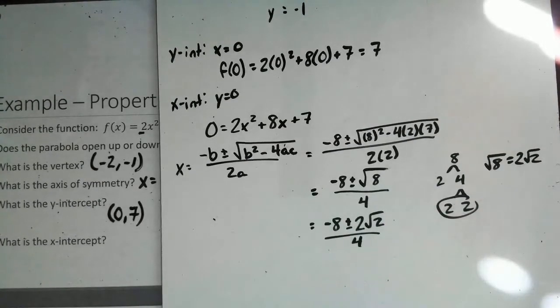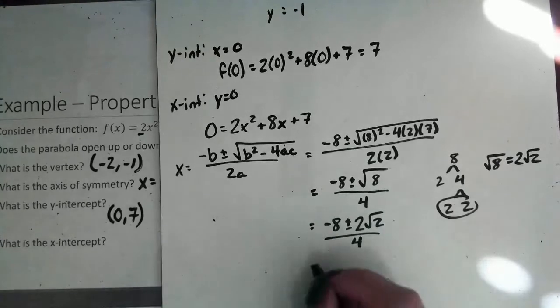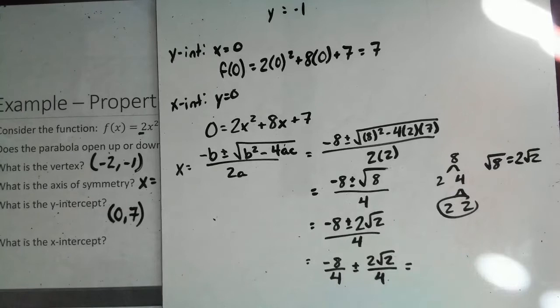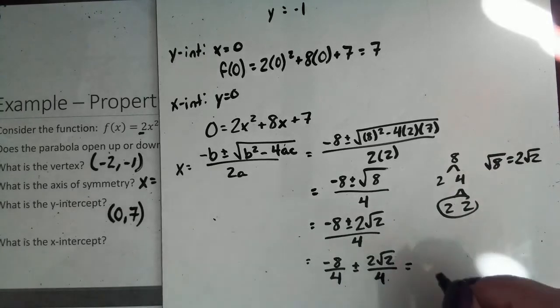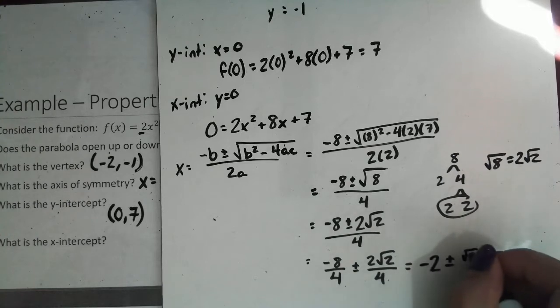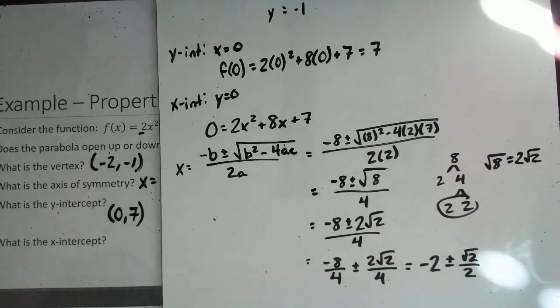And I need to see if I can reduce that, which I will be able to if I break it up. Looking at negative 8 over 4 plus or minus 2 times the square root of 2 over 4, I can reduce both of these. So I'm going to get a negative 2 plus or minus the square root of 2 over 2. That's going to be my x value.